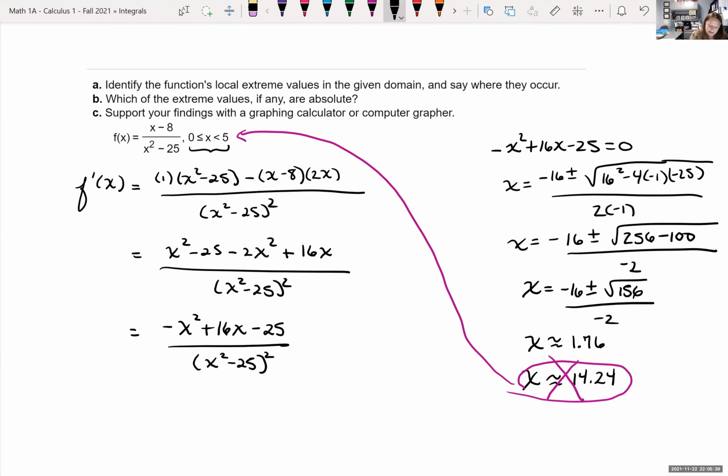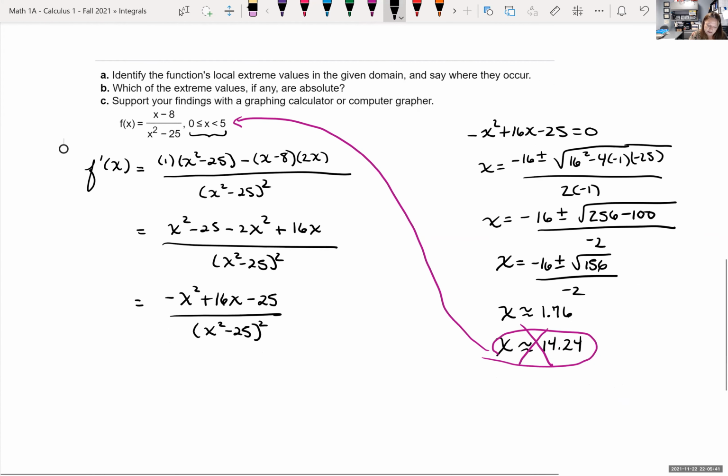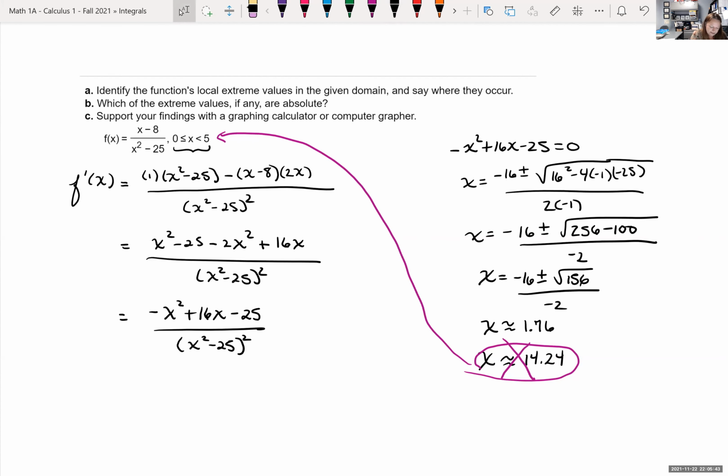So now let's look at what's going on between 0, 1.76, and 5. The values where it's undefined are also critical values, but that is 5 and negative 5, and those are not in our interval. So we don't even have to look at that either.